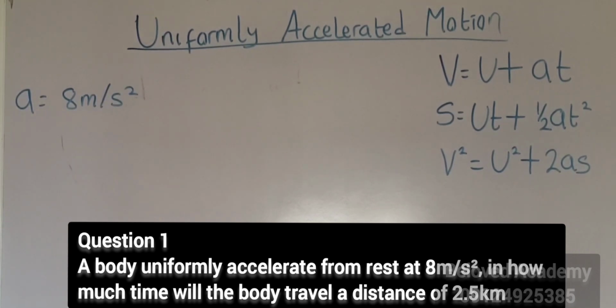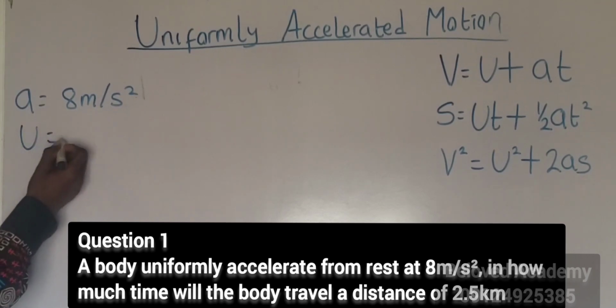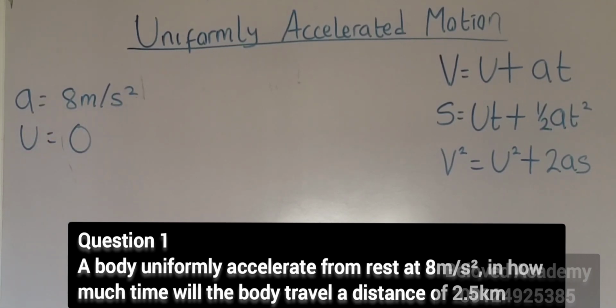Okay, now please pay attention to that statement. The body accelerates from rest, and in our previous class we learned that if a body starts from rest, the initial velocity of that body is what? 0. Okay, so therefore u is equal to 0. Do you understand?